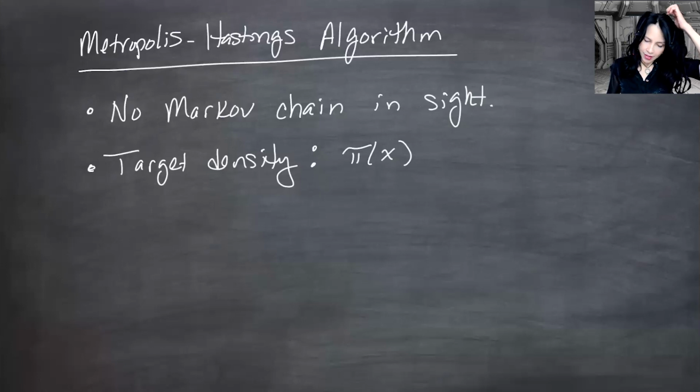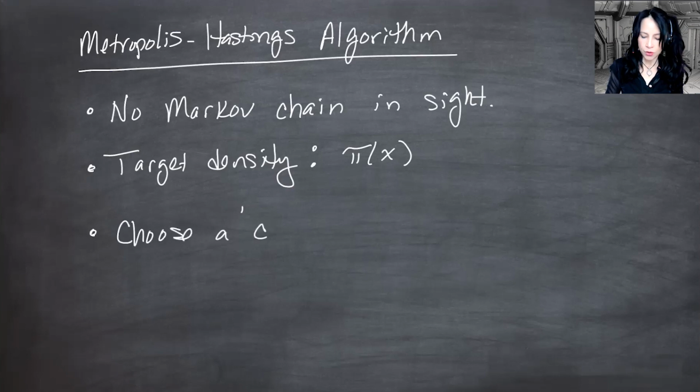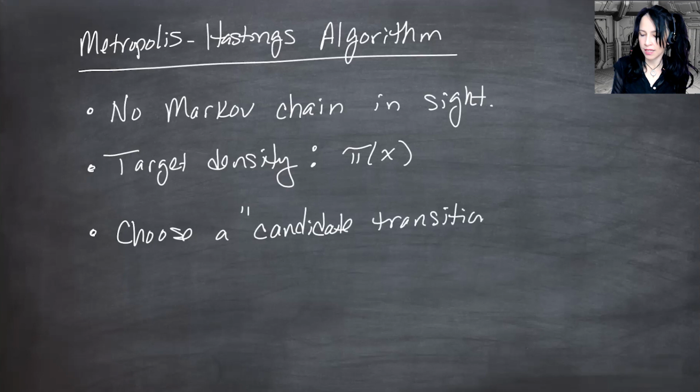Okay, so before you run the algorithm, you have some setup like we did with accept reject. We had to find that bounding function. And the setup here is we need to choose a so-called candidate transition density or PDF.